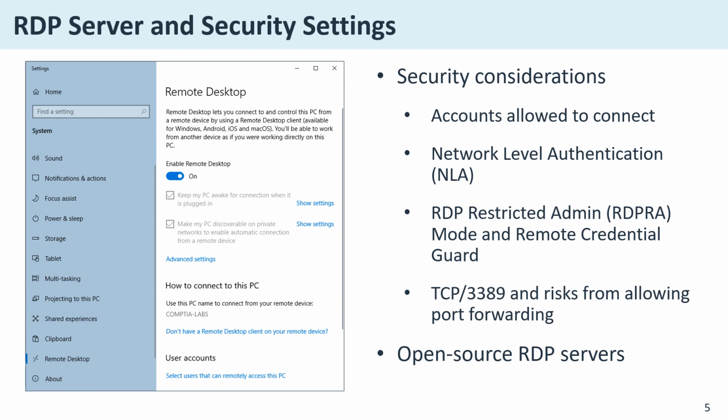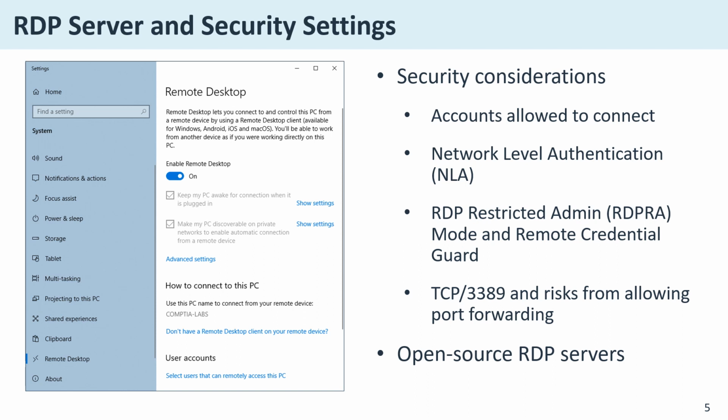So anyway, there are risks involved from malware that can grab hashes, as we said, from system processing, and there are risks from allowing too many accounts to connect. Now, by default, on a Windows server, only two people can connect at the same time. On a Windows client, only one person can connect.